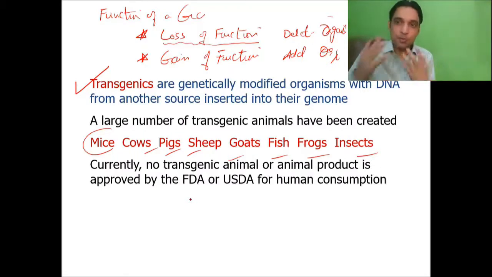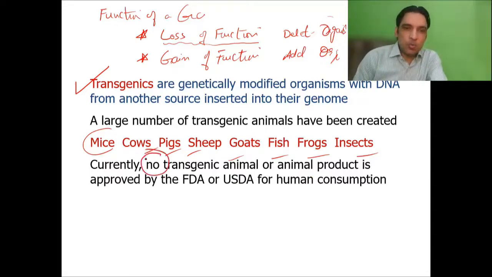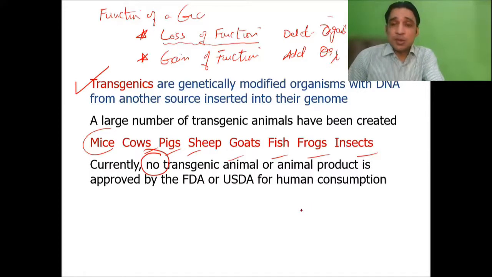We are still working and studying. That is why it is very rare that an animal product, no is a strong word now, please review the literature. I believe there are some products which are coming from transgenes. Transgenes mean the organisms which are carrying an external piece of DNA.